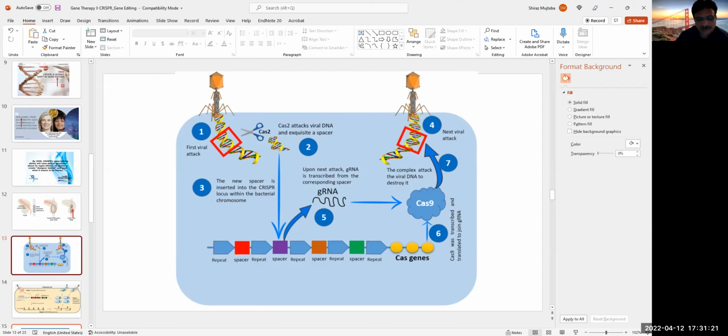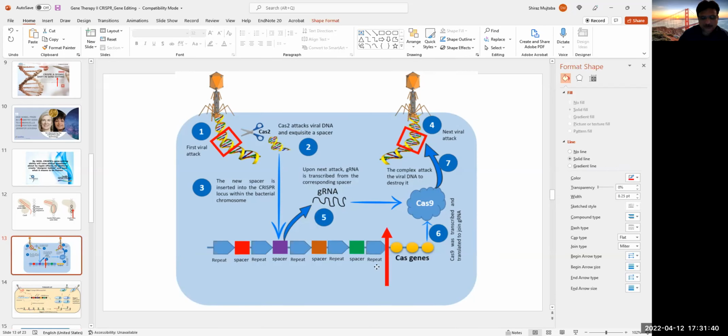T cells and B cells, which are inside our body, also work innately, but they're more involved in acquired immunity, right? Adaptive immunity. So this is the most interesting aspect, and this is the concept that was developed in a lab for gene editing.